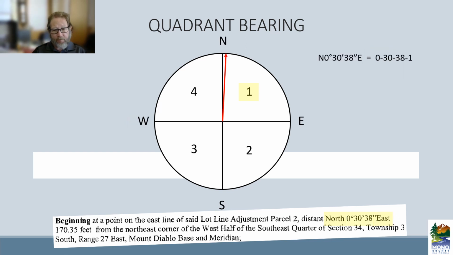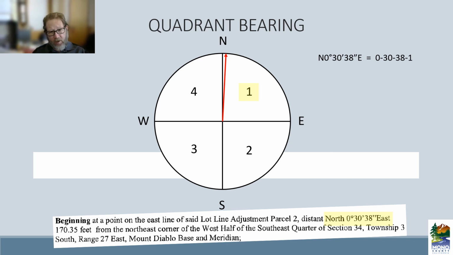So altogether, the bearing that's called for on the legal description is northeast, 0 degrees, 30 minutes, 38 seconds. The direction appears within the northeast quadrant, where that red line is.